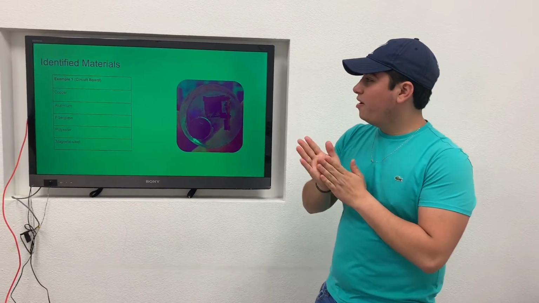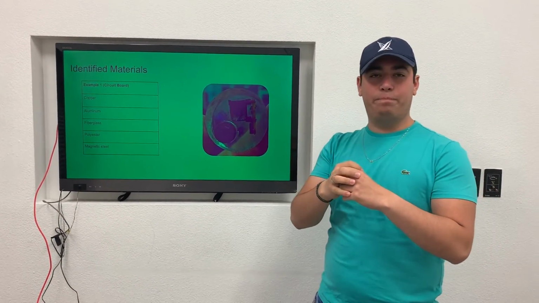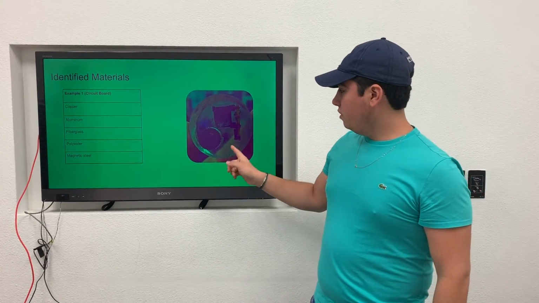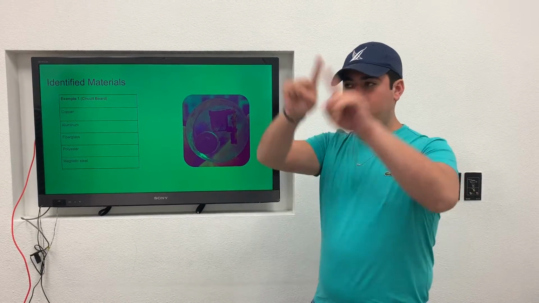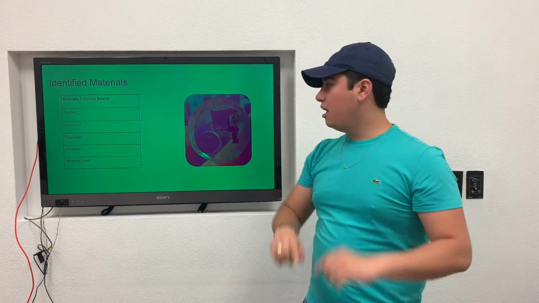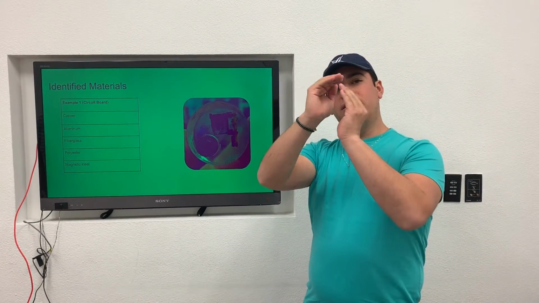The materials we identified in the circuit board are copper, that is in the coil, aluminum, that is on the outside of the capacitor, fiberglass in the circuit board, and polyester, that is the inside of the capacitor.